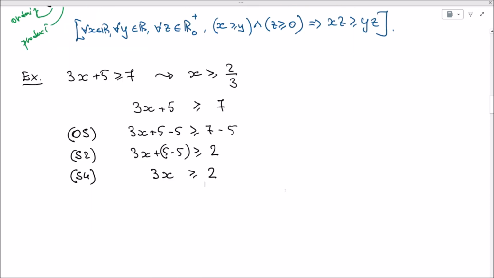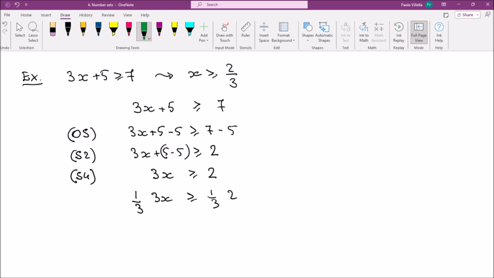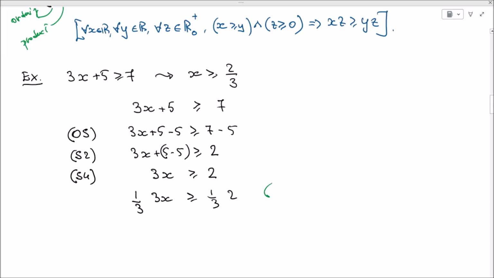At this point we should multiply both sides by 1/3. So we have 1/3 times 3x larger than or equal to 1/3 times 2. And let's say that at this point we should prove that 1/3 is larger than or equal to 0, right?